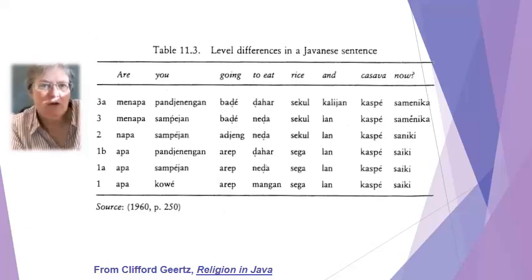But now notice on the bottom of this chart, if you are from a low-ranking, working class, indigenous, non-status person talking to someone in your own low rank in Javanese society, you would ask that same question this way.